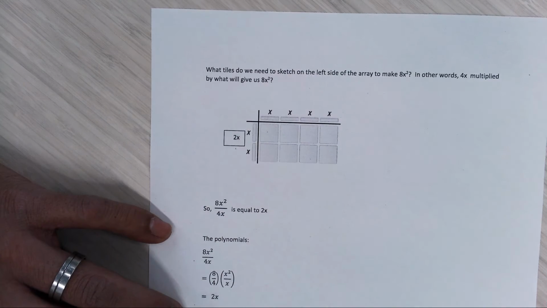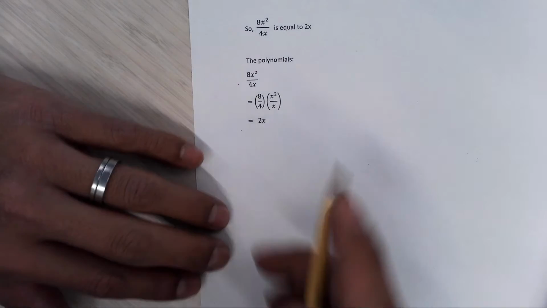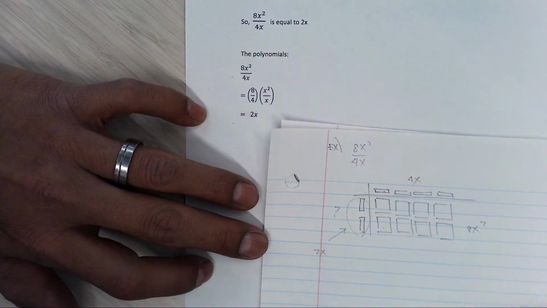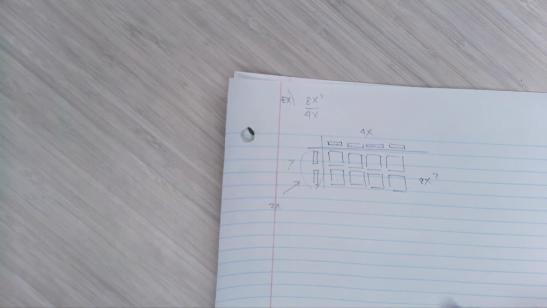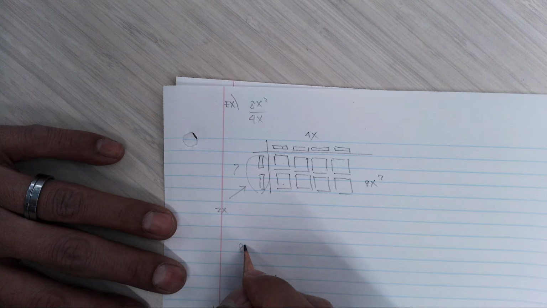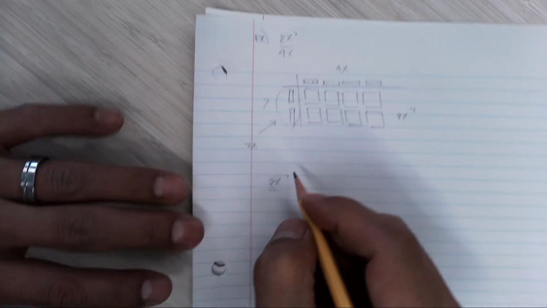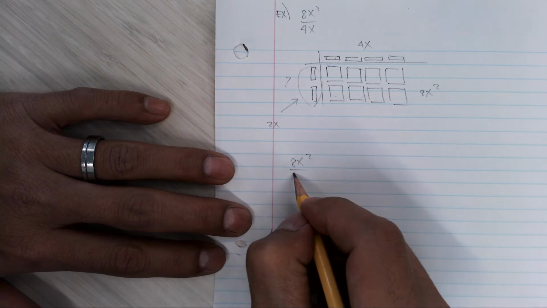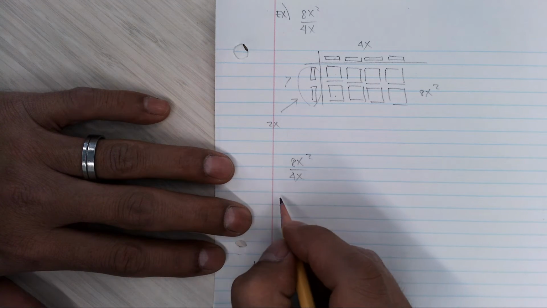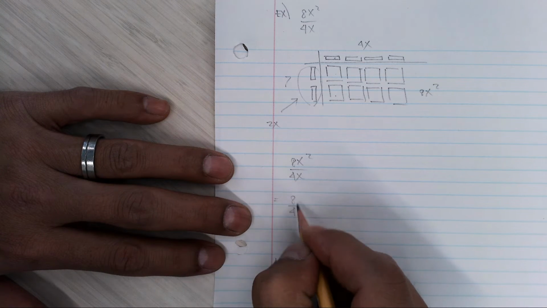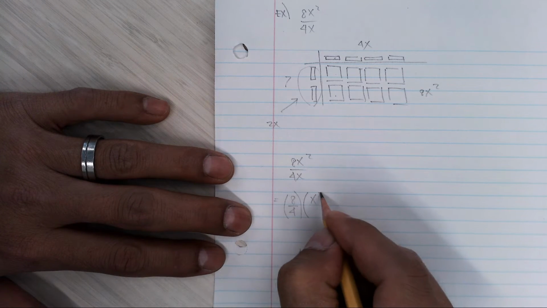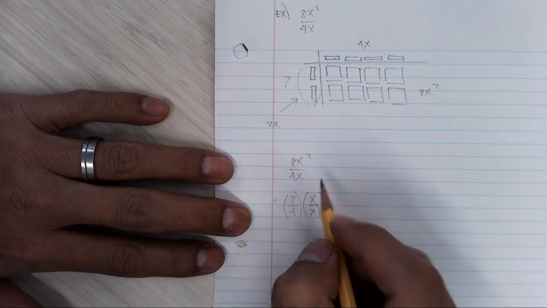Now the polynomials. What is going on here? I'm going to demonstrate this on loose leaf so that you know exactly what's going on from beginning to end. We did the tiles, now we're going to do the polynomials: 8x squared divided by 4x. All I'm going to do is divide the coefficients, 8 divided by 4, and divide the variables, x squared divided by x.